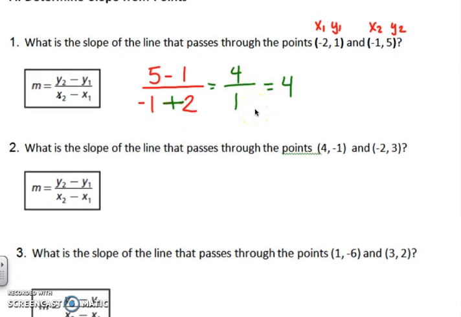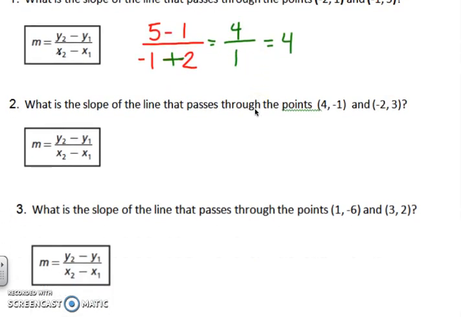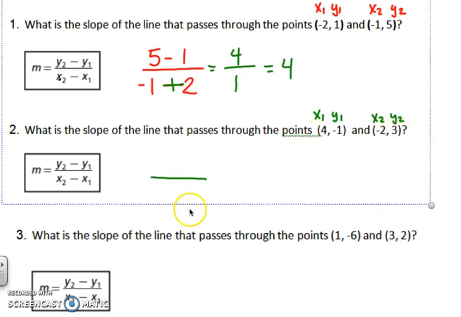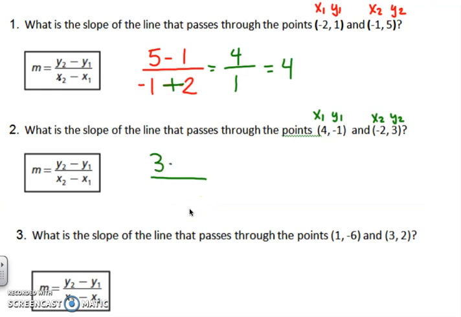Okay? So let me do number 2 with you, and then I will let you be free to try 3 and 4. Okay, so first thing, label your points: x1, y1, x2, y2. And now plug them in the formula. So I'm going to start with y2, which was 3. So 3, and then your minus sign. Your y1 was -1.